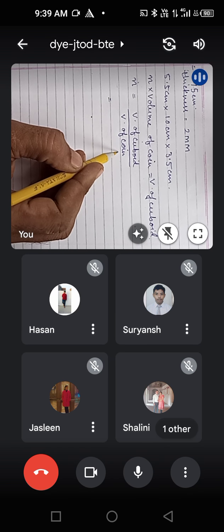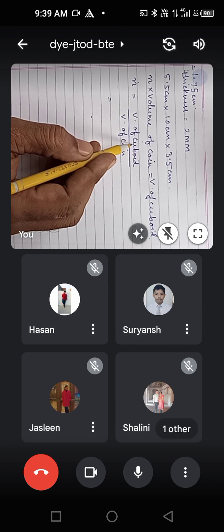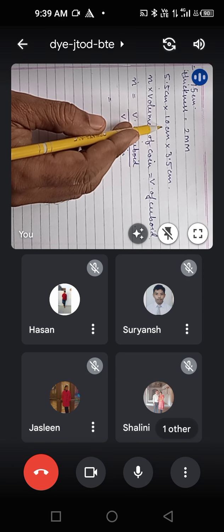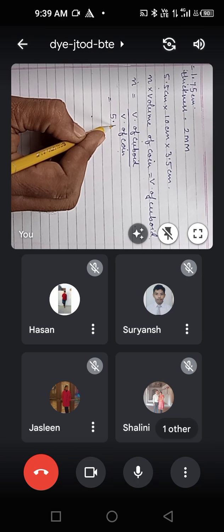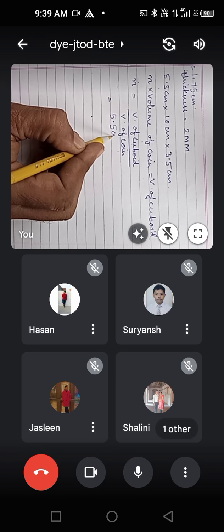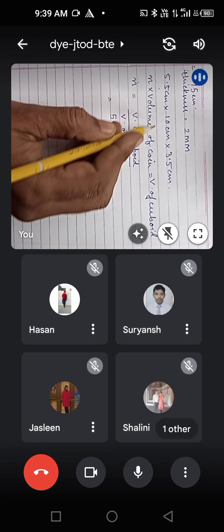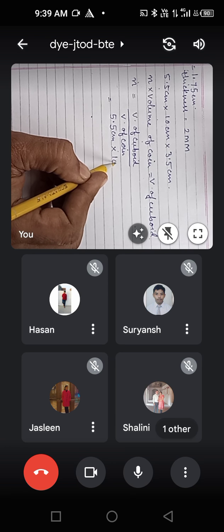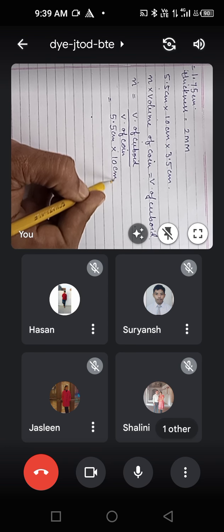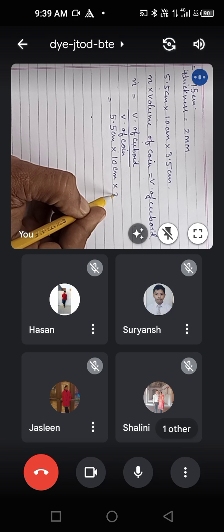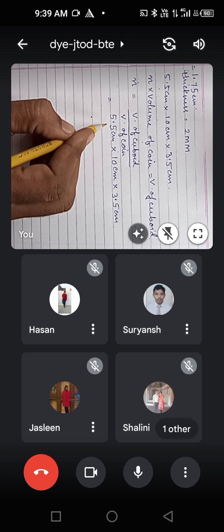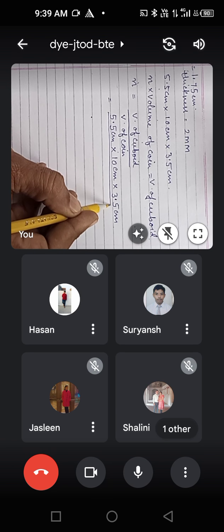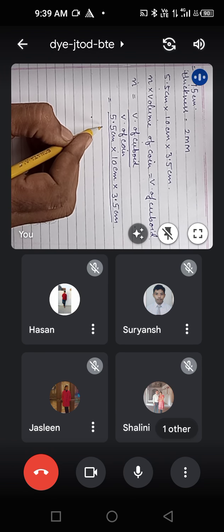So volume of cuboid upon volume of coin. What is the volume of cuboid? Length into breadth into height. That is equal to 5.5 centimeter into 10 centimeter into 3.5 centimeter divided by the volume of coin.